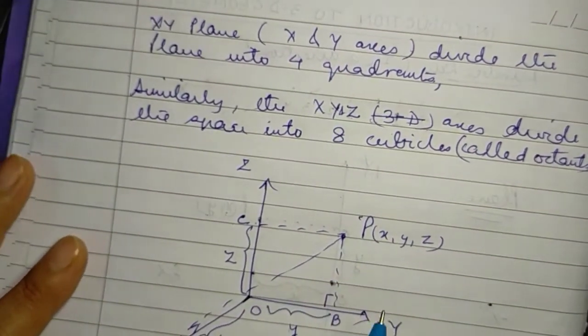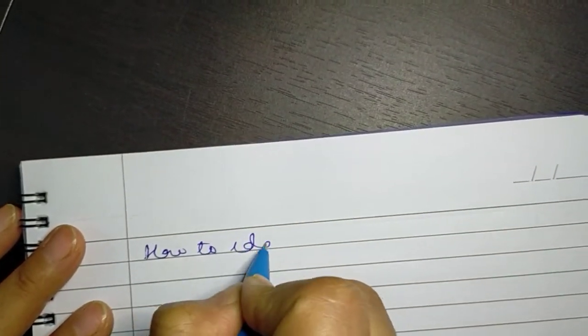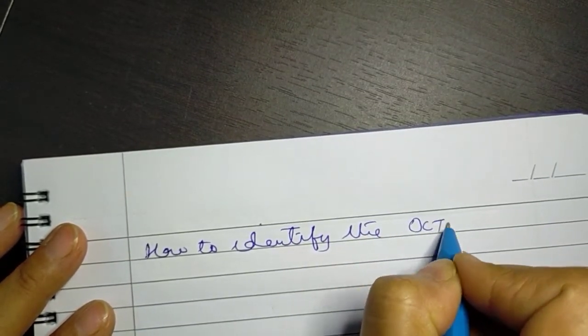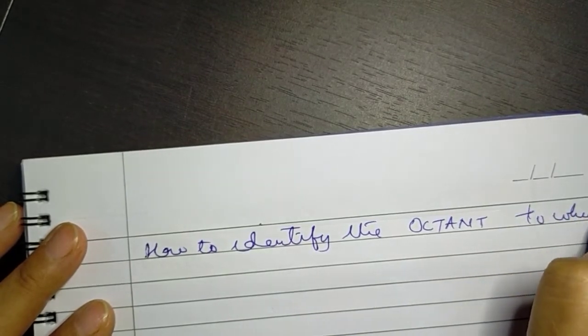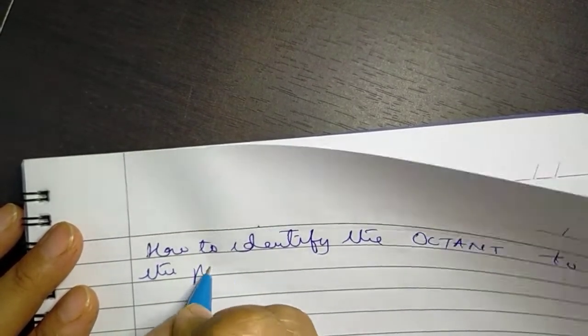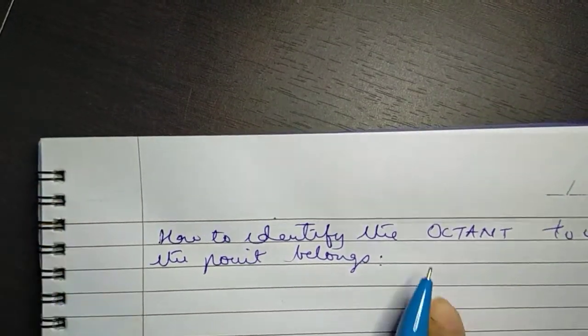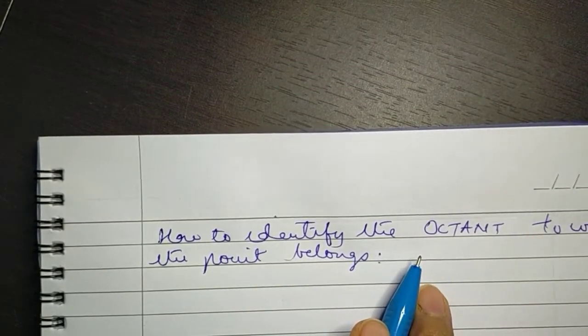So clearly, any point in space can have 3 coordinates, x, y and z. Now how do we identify the octant to which the point belongs? This will be given by the sign associated with it.